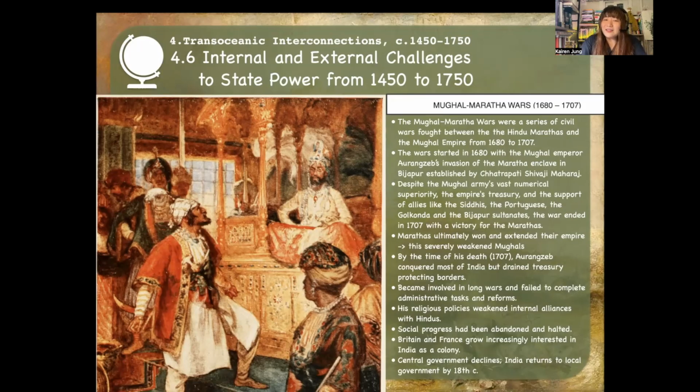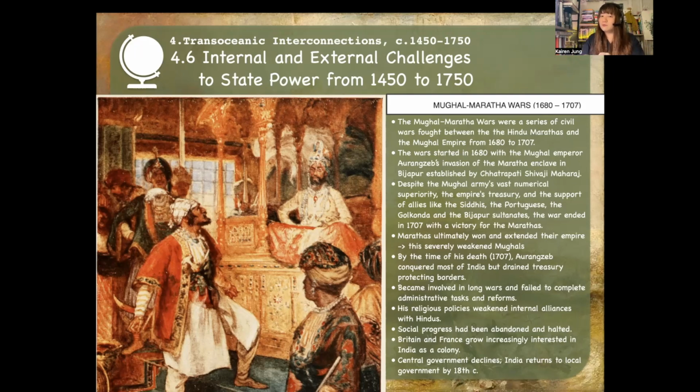Let's go look at the Mughal-Maratha Wars between 1680 and 1707, and remember, the war started in 1680 with the Mughal Emperor Aurangzeb's invasion of the Maratha enclave in Bijapur, and despite the Mughal army's vast numerical superiority, the empire's treasury, the support of allies like the Portuguese, the Golconda, and the Bijapur sultanates, the war ended in 1707 with a Maratha victory.